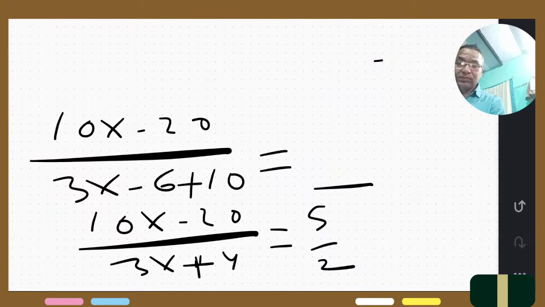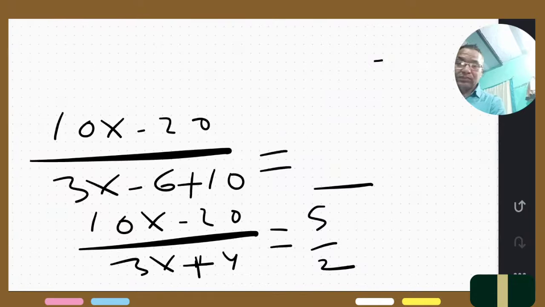Now, from this 20x, on transposing, this 15x will be of minus, so 20x minus 15x will be left as 5x equal to, this 20 is of plus, and on transposing this 40 will come to the right side, so 20 plus 40 will become 60. So the value of x unit will be 12 unit.